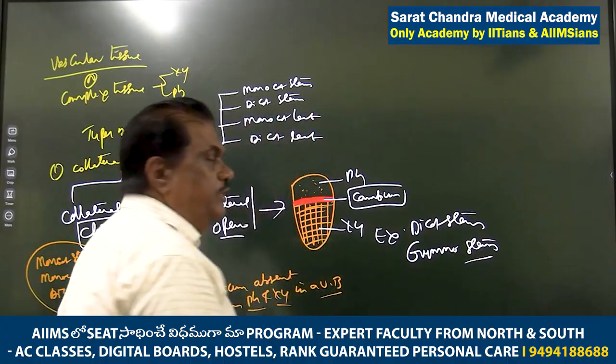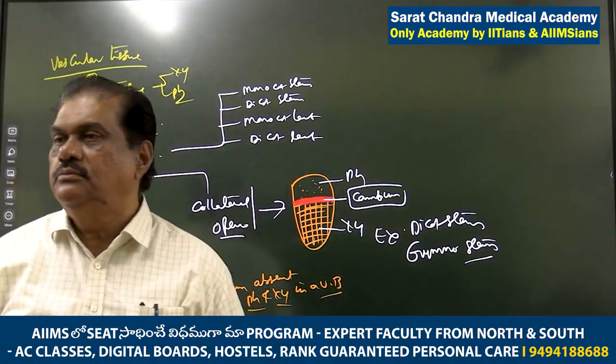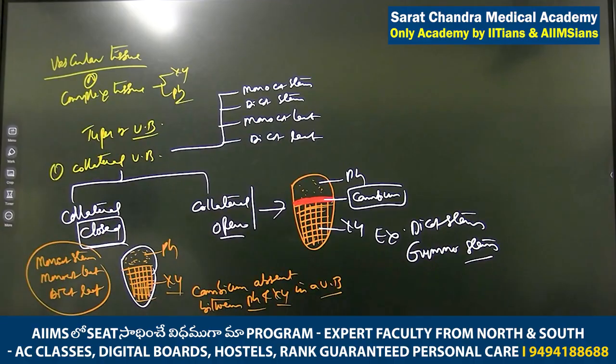Secondary growth also takes place in gymnospermic stem. Secondary growth takes place in dicot stem, dicot root, gymnospermic stem and gymnospermic root. So in dicot stem and gymnospermic stem, the vascular bundles are open type.